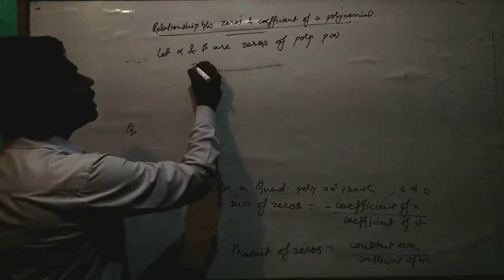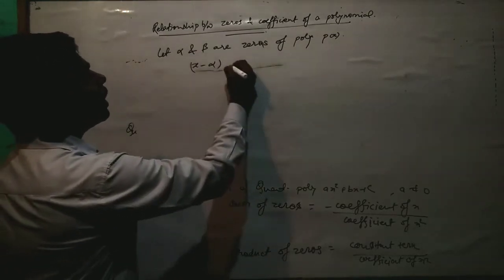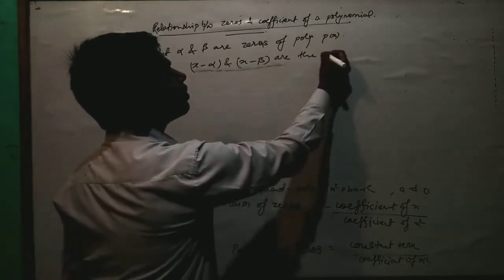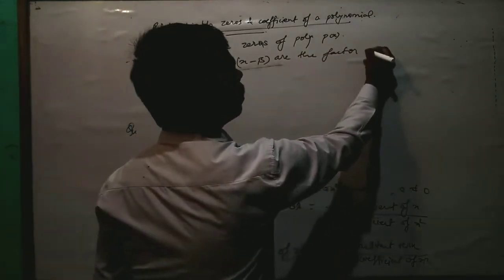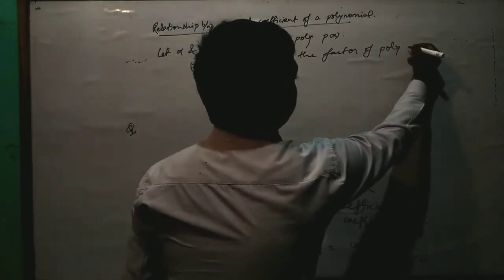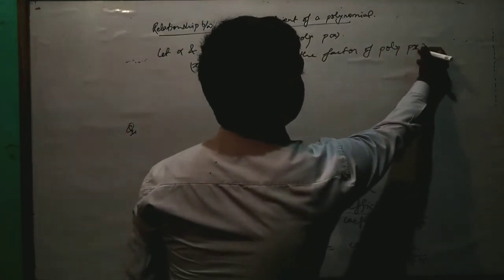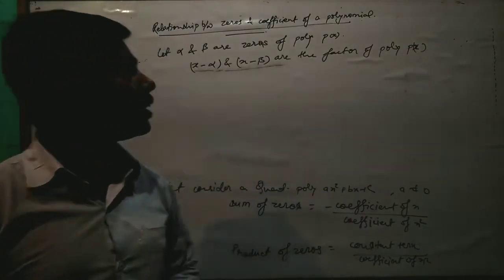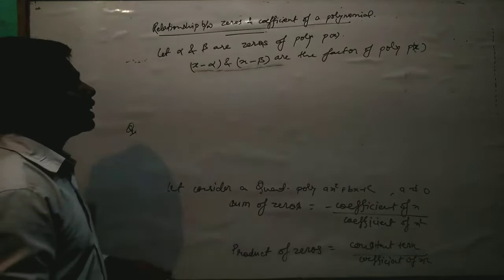Then we can say that x minus alpha and x minus beta are the factors of the polynomial p(x).